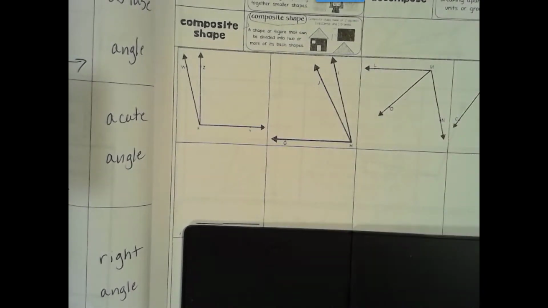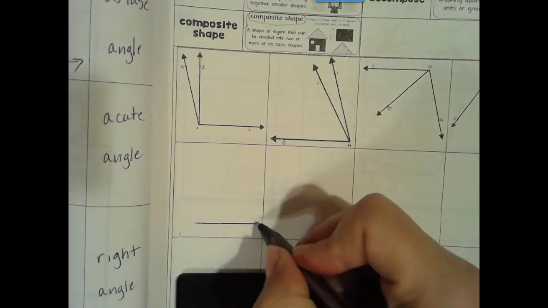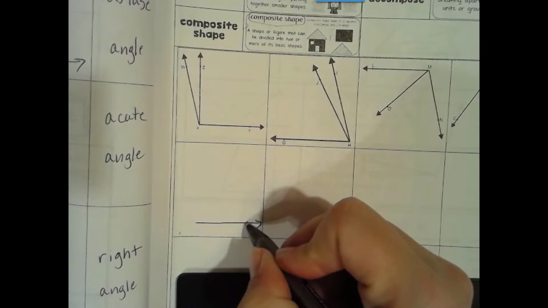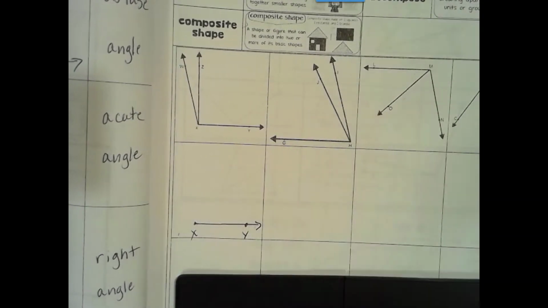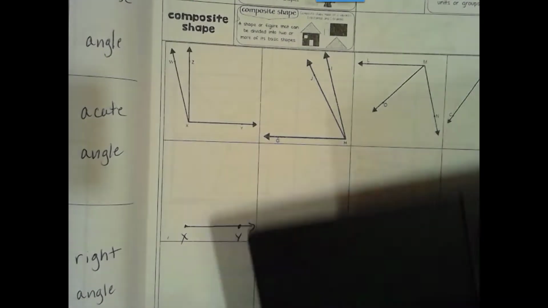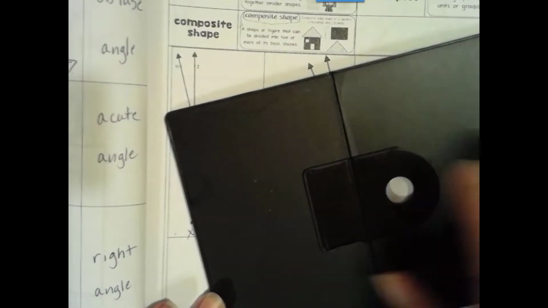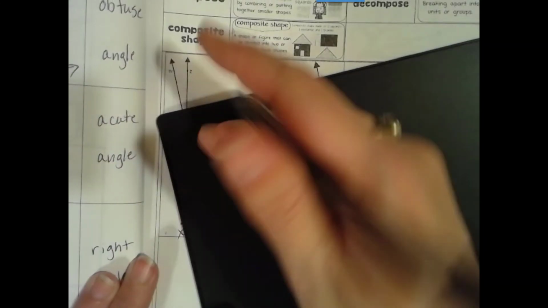So with your straight edge and your pencil, we have a point Y on it, and the vertex is X. Now this may not be exact, but we're going to try to be as close as we possibly can.